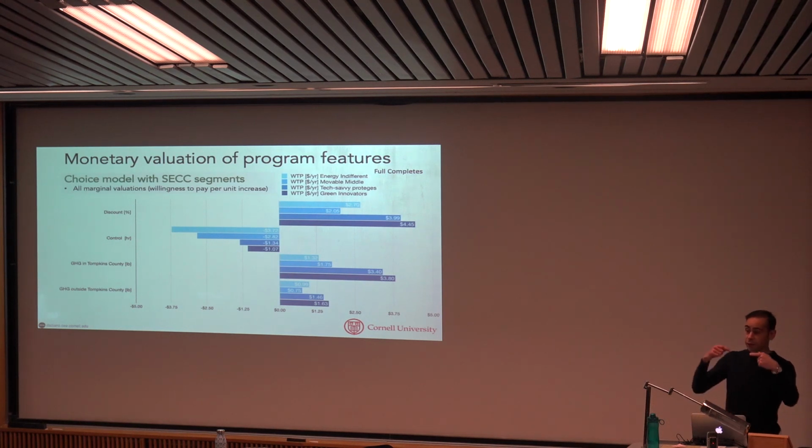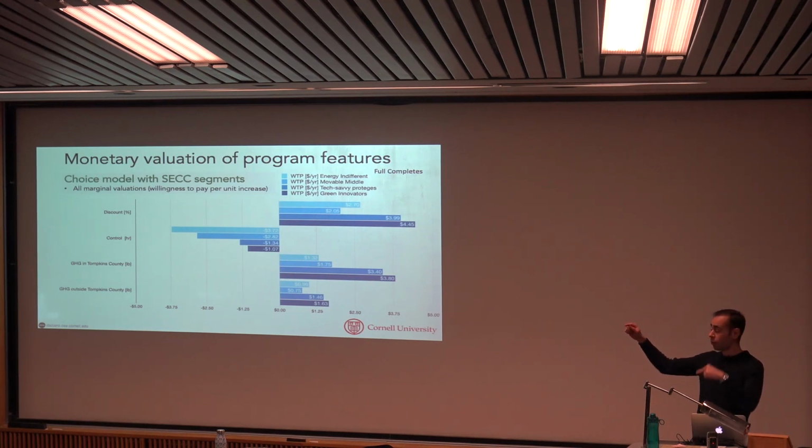This is very similar to that graph that I had with the willingness to pay for the discount, the emissions for Tompkins County and outside of Tompkins County, and it's exactly the same, and then that willingness to accept, or the compensation that they want for giving up control of when charging takes place. The difference of this graph with the previous one is that this one is by segment.